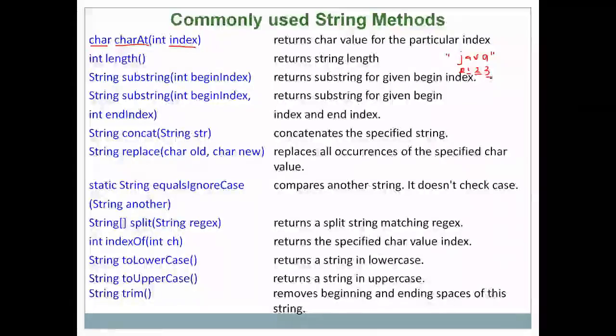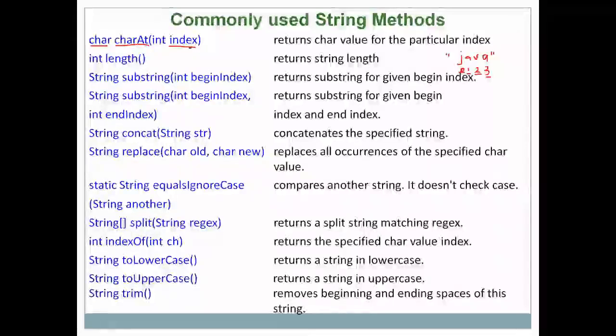So every character in a string has a particular index associated with it. If you want to know which character is at index position 0, 1, 2 or 3, you can use the charAt method. You just send the index position to it and it will give you the character at that index position.